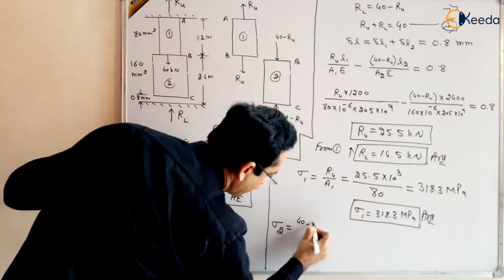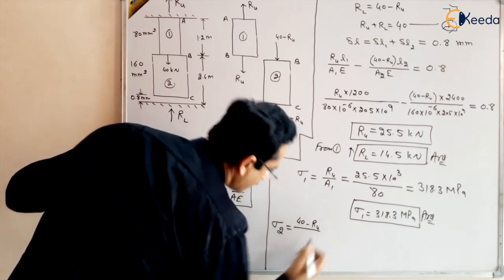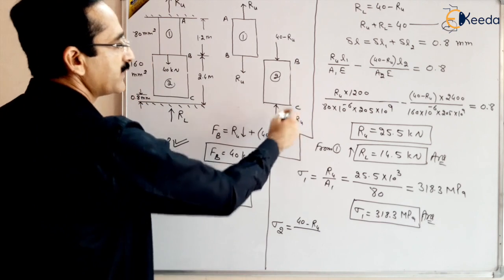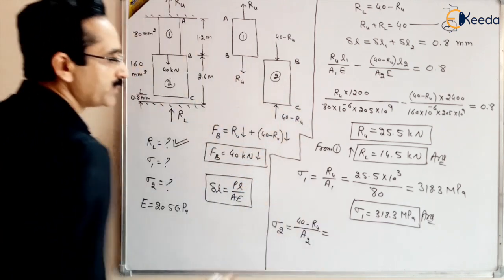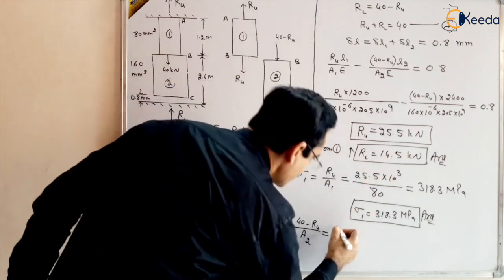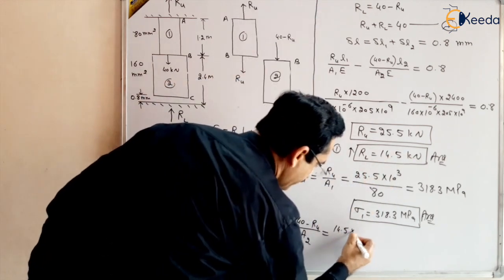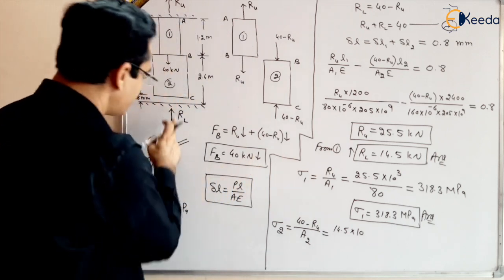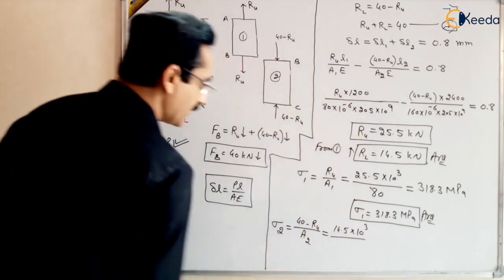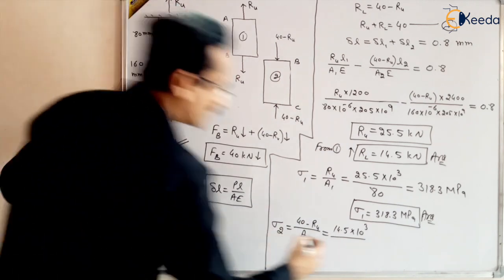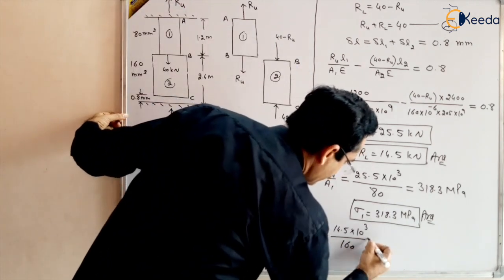So 40 minus Ru upon A2. 40 minus Ru is basically RL, 14.5. So 14.5 is the force, and this is compressive, multiplied by 10 power 3 to become Newton, upon the area, which is 160.